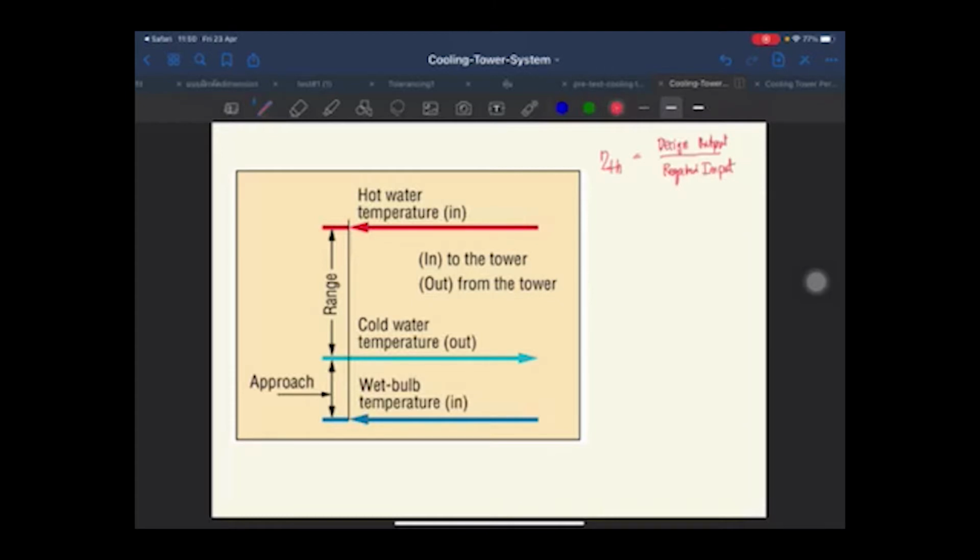The heat that we remove from the hot water is calculated from the temperature of the hot water inlet minus the temperature of the water outlet. This is what we call the temperature range. The approach is the difference between the cooling tower outlet cold water and the ambient wet bulb temperature.